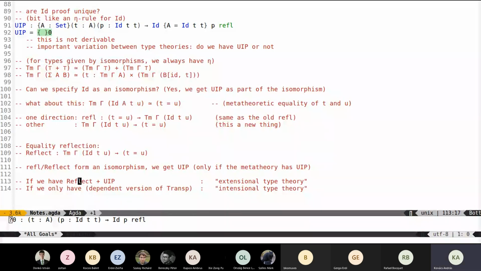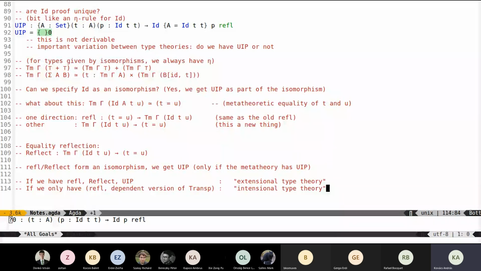Of course, we have REFL in every case. This is the difference between extensional type theory and intensional type theory.